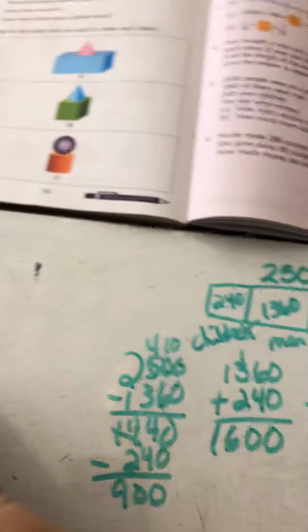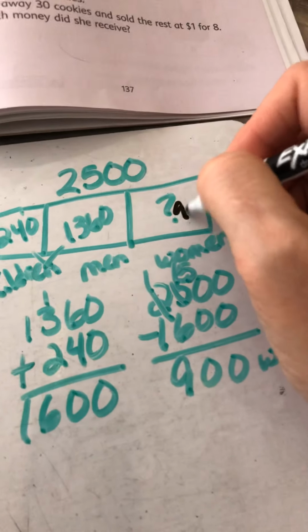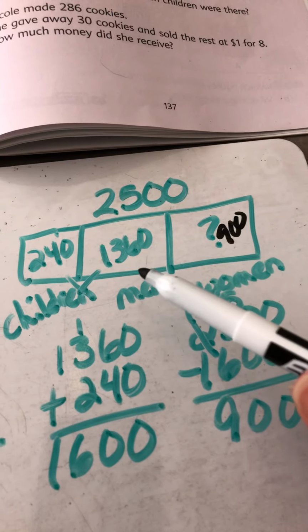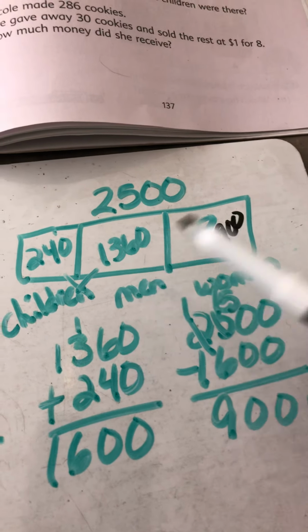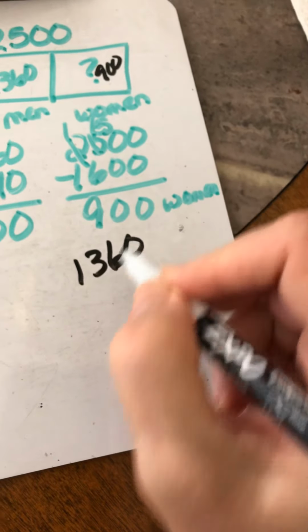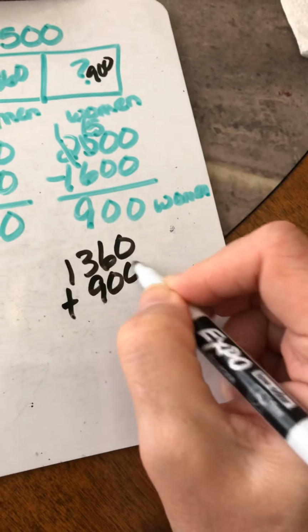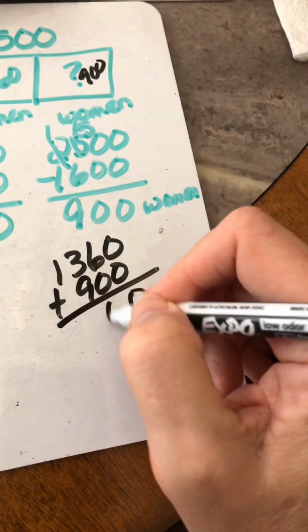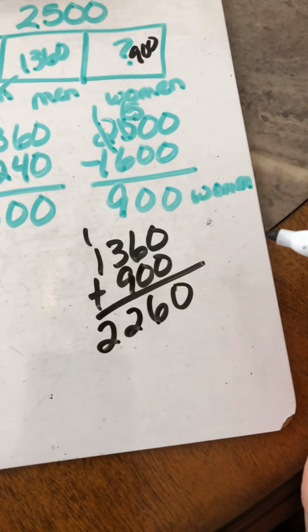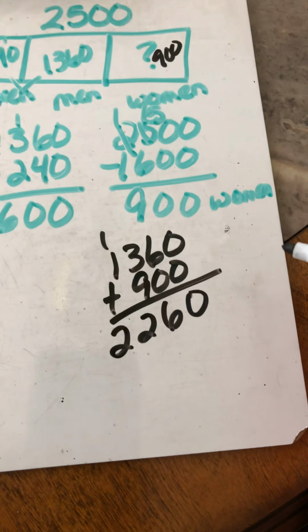Well, let's go back and fill this in as I'm losing my markers here. 900. So we know we have 900 women and 1,360 men. Those are your adults. So we can add those together and get 2,260 adults.